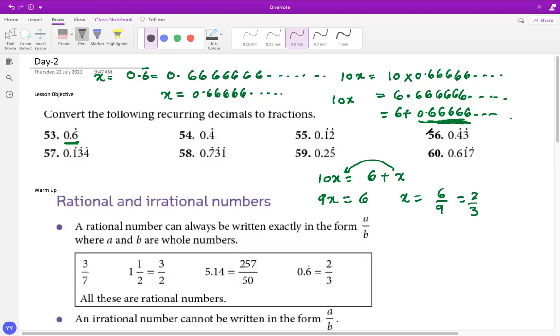Here, I got the integer number 6. You can see that 6.6666 can be broken down as 6 plus 0.66. So this part is nothing but x, since we have taken x as 0.66, and we replace this value. And we get 10x equals 6 plus x, and 9x equals 6. Then you solve for x, we get 6 over 9, and if you simplify, you get 2 over 3.